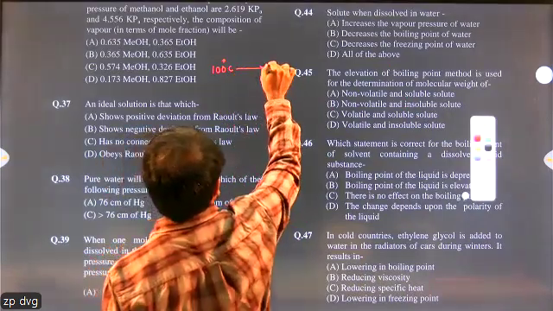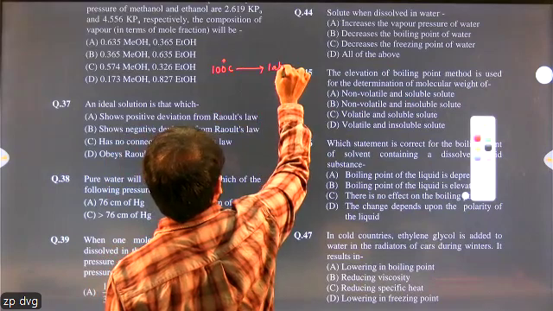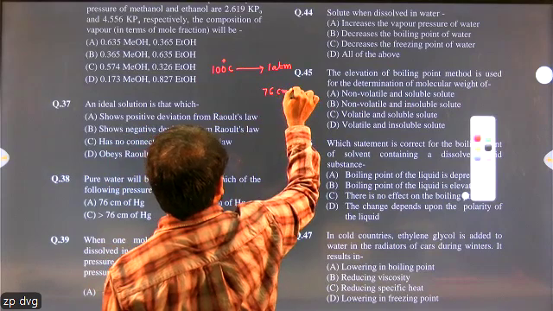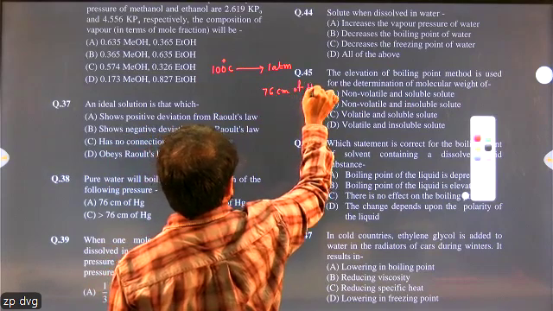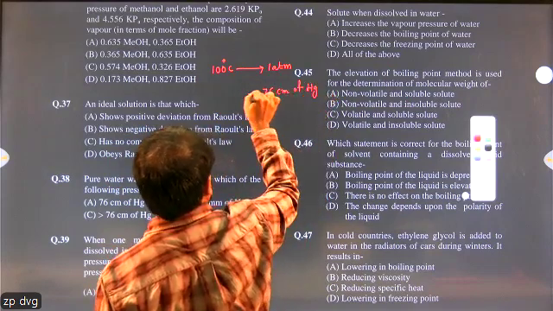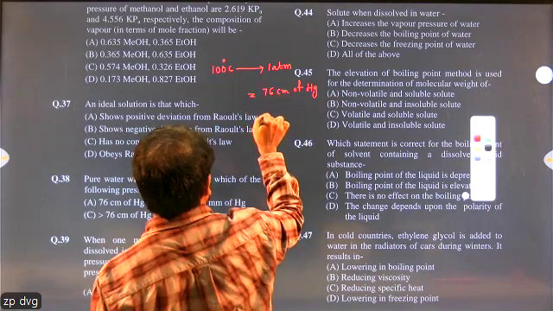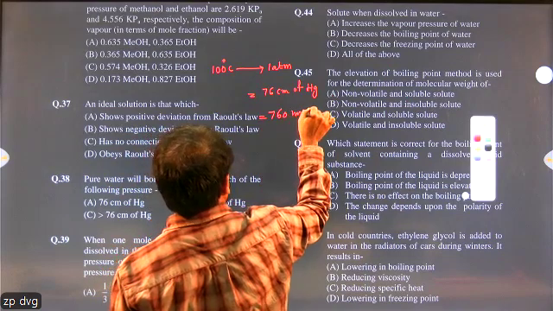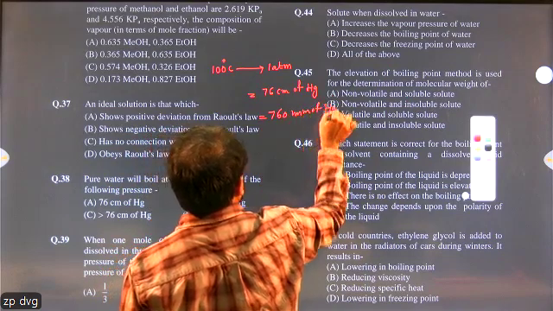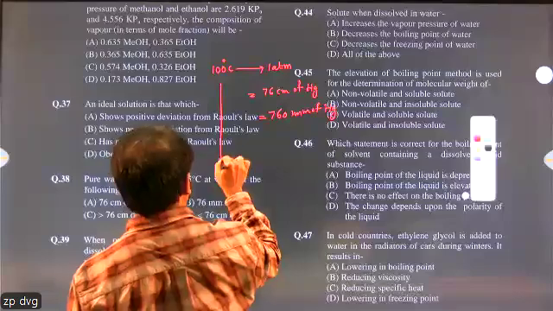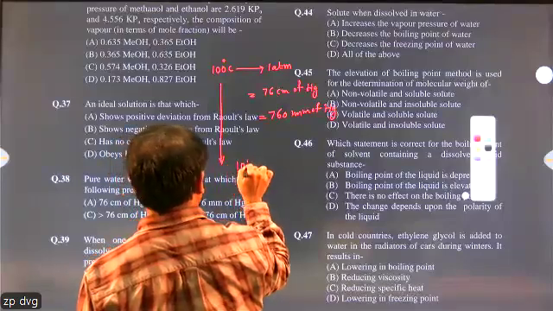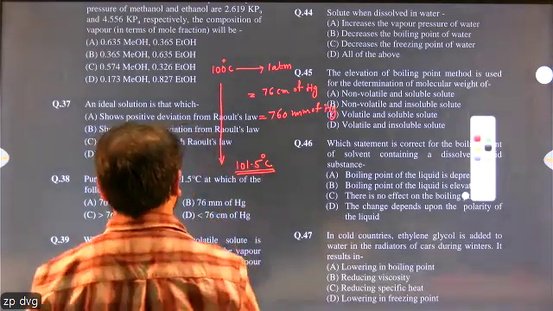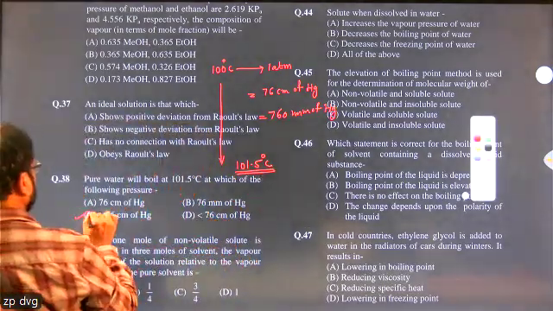At 100 degrees Celsius, it exhibits 1 atmospheric pressure, that is equal to 76 centimeter of Hg, or 760 mm of Hg. Here the boiling point increased to 101.5 degrees Celsius. Boiling point increased means vapor pressure also increases.